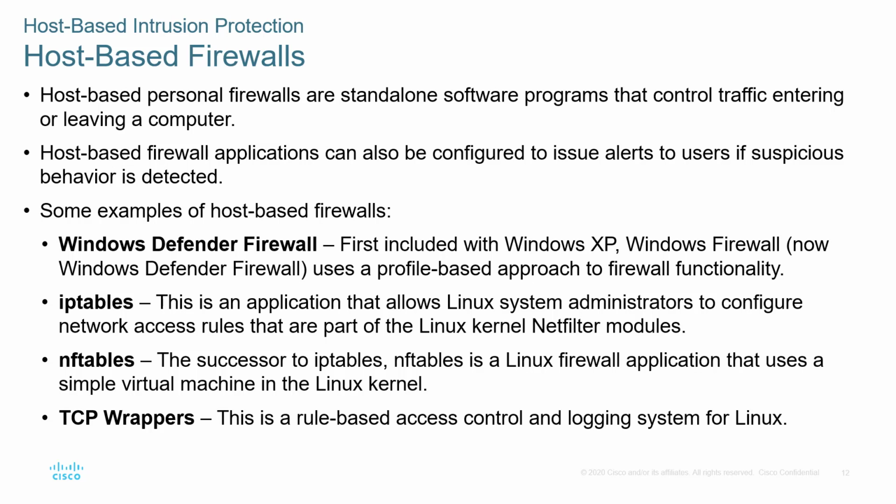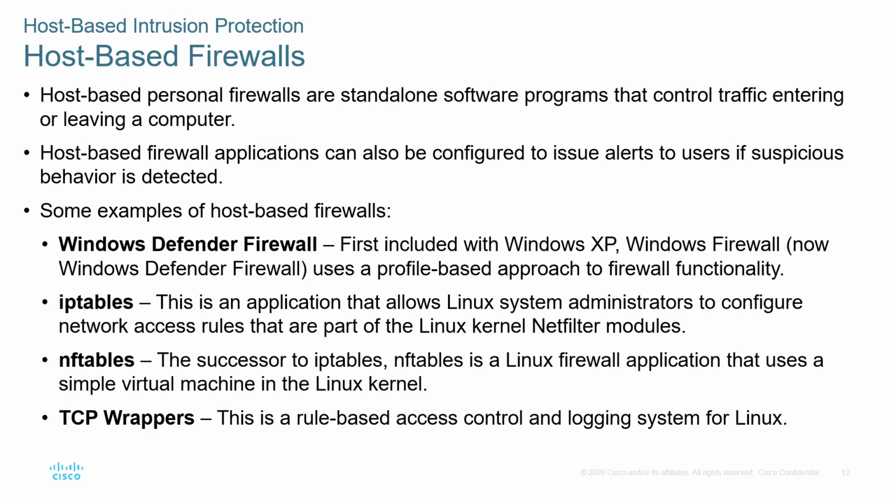We also have a TCP wrapper, and this is the rule-based access control and logging system for Linux. There are other variations of this for Windows, but we've already looked at several of the host-based tools for Windows, so now we have to look at the Linux versions.